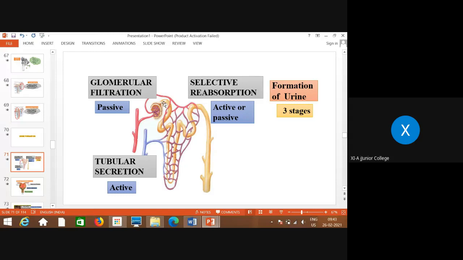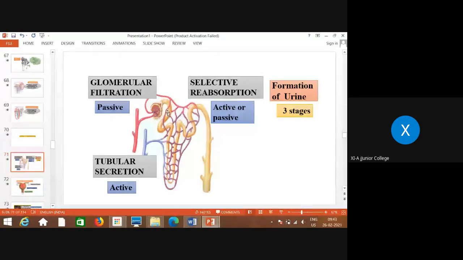Now this renal tubule, as we discussed yesterday, is divided into four parts. When the Bowman's capsule enters a smaller part which becomes narrow, that is the neck, and then it becomes broader.